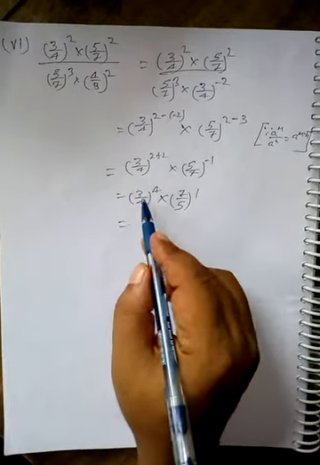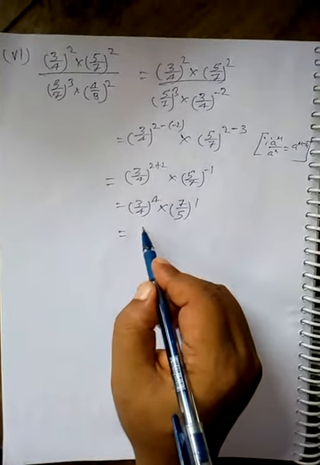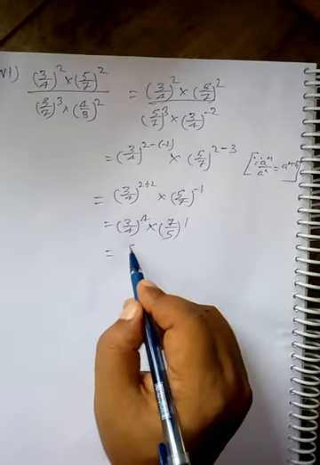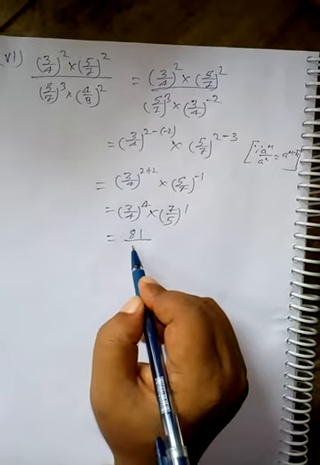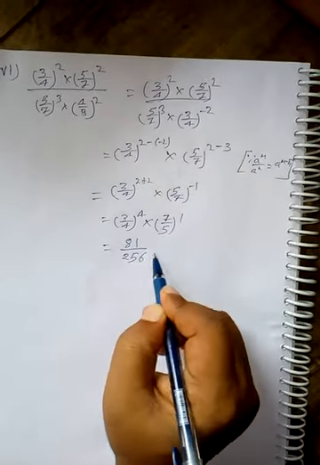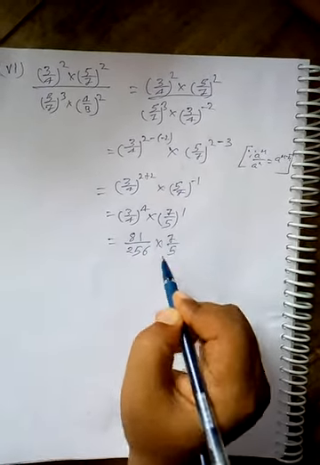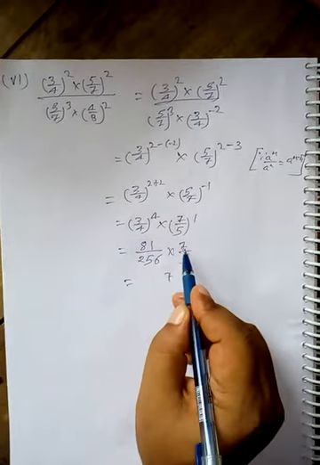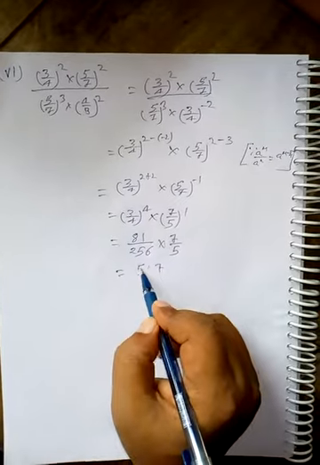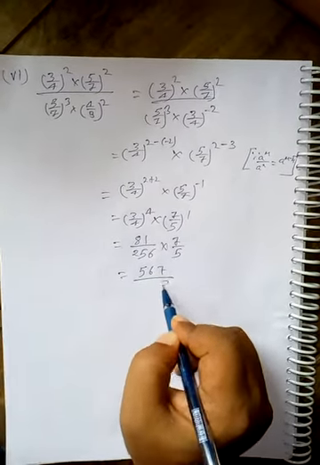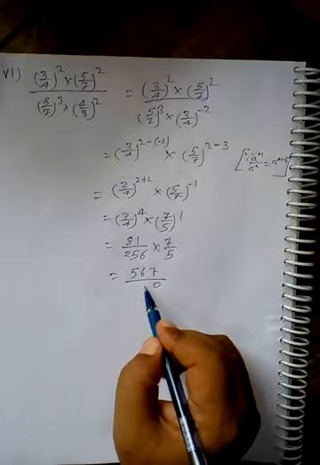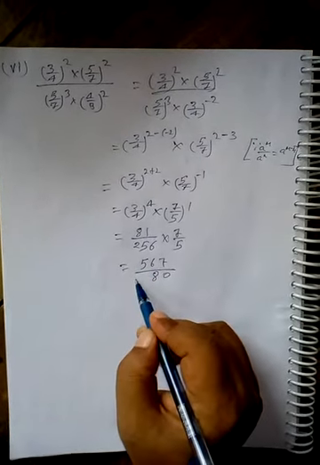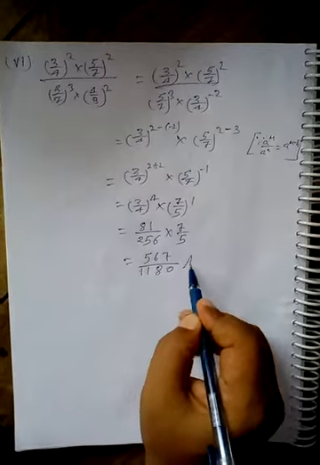So it's simple. 3 raised to the power 4 means 81, 4 raised to the power 4 is 256, into 7 by 5. Multiply it: 81 times 7 is 567, 256 times 5 is 1280. This is the answer.